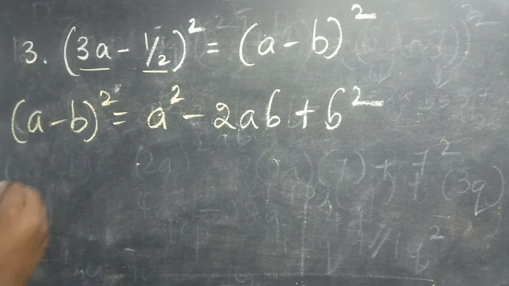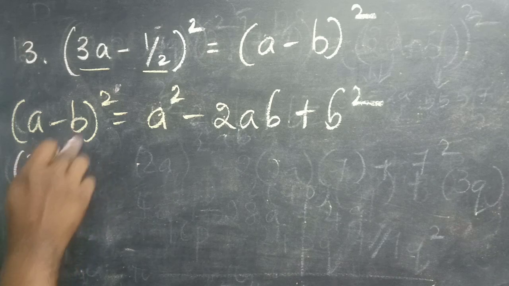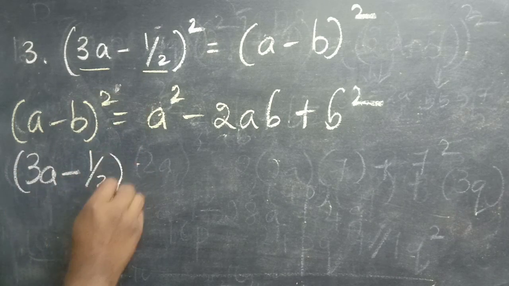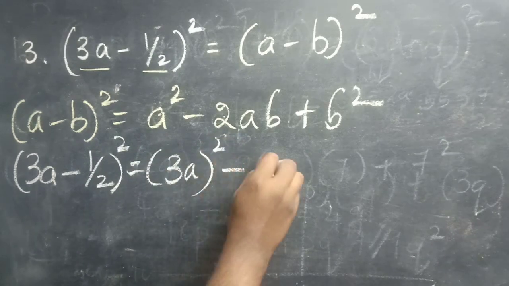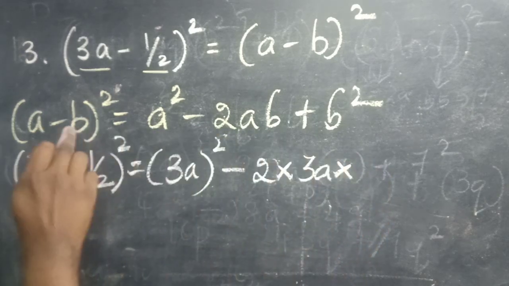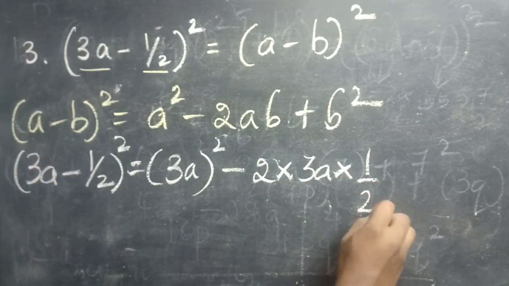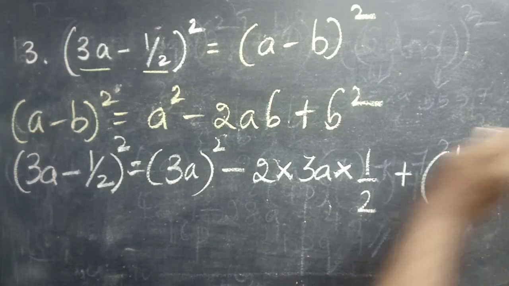Now what we get is, in place of a, replace 3a. In place of b, replace 1 by 2 whole square equals 3a whole square minus 2 times a is 3a. B is what? 1 by 2 plus b square is 1 by 2 whole square.